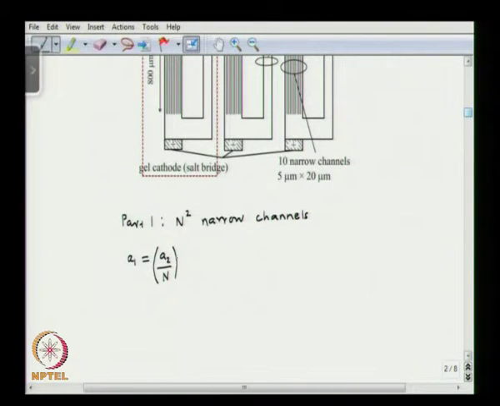A2 is the size of the channel in part 2, and we had defined a parameter called size ratio alpha, which is the ratio between the size of the first part of the channel divided by the size of the second part of the channel, so A1 over A2 will be 1 over n.